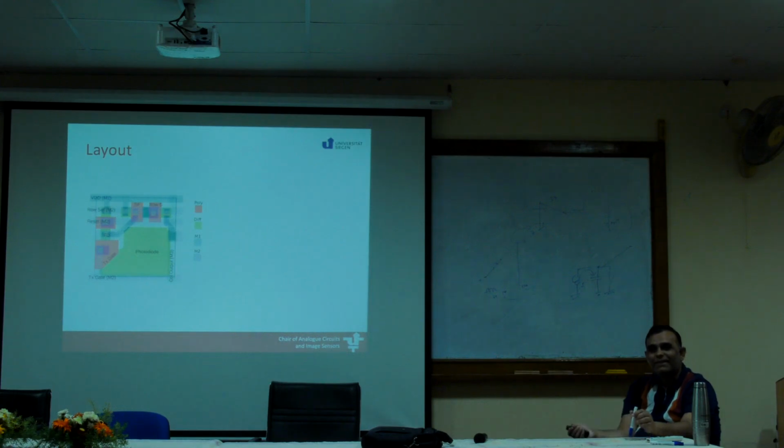What percentage of 25 is 9? You guys should have written entrance exams. You should know what's 9 divided by 25. 36%. So what looks like a 60% diode coverage very soon starts looking very bad.